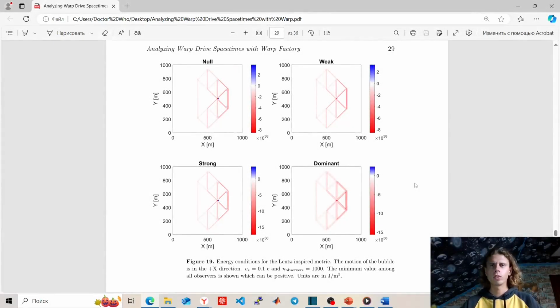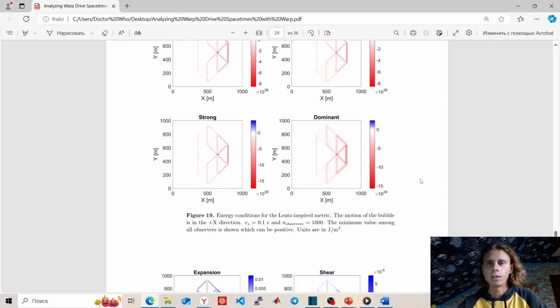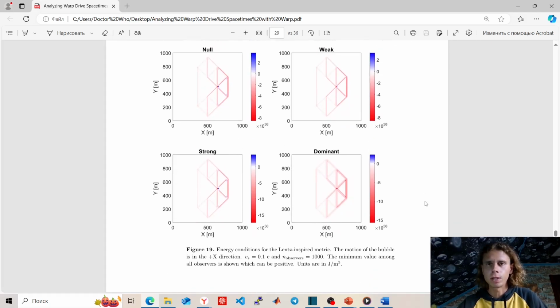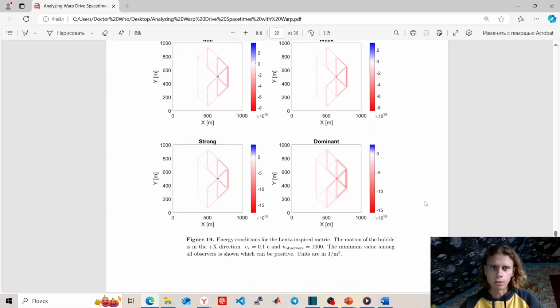And so, as we saw before, people were trying to come up with different metrics that reduce these negative energy requirements, and this is rather hard if you're doing it analytically by hand, for example.